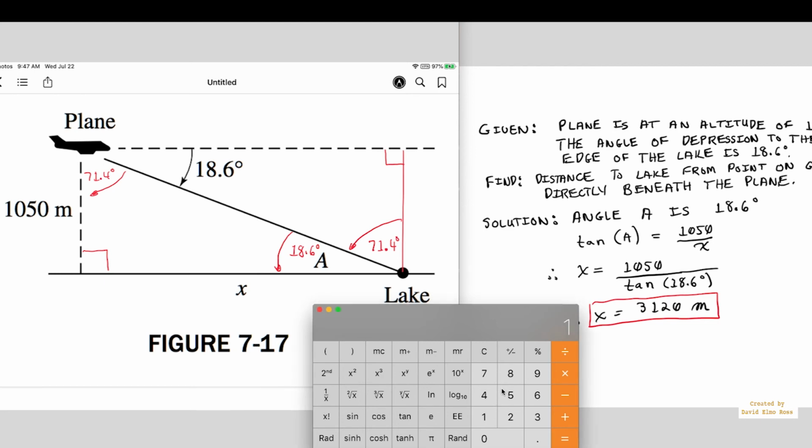So let's put in 18.6, take the tan of that, and then do the inverse to move it up top, and then multiply this by 1050, and the answer we get here is 3120 meters. So the distance from here to here is 3,120 meters.